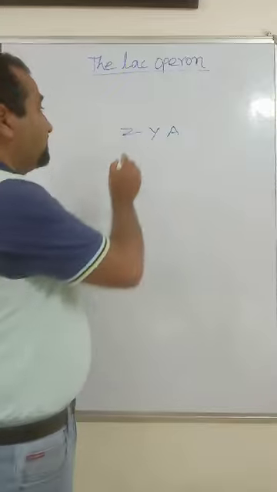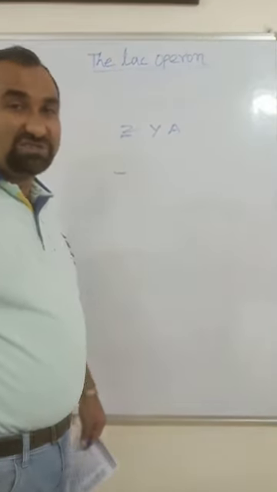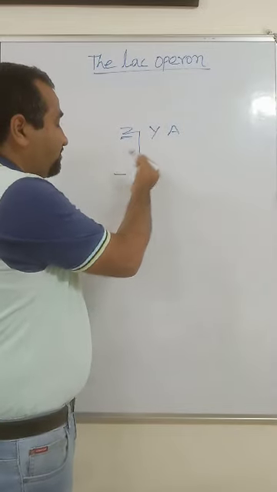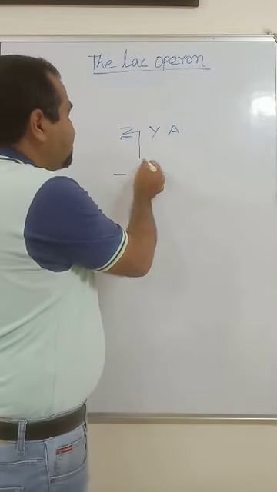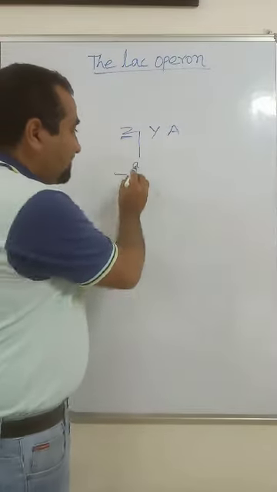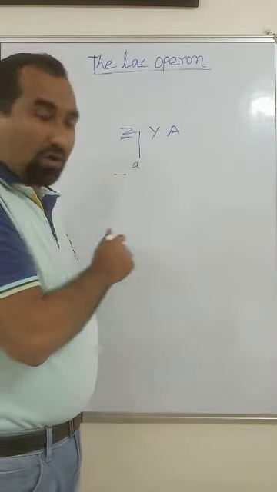So if the first gene is Z, it produces an enzyme, suppose A. This enzyme has a particular function on lactose.